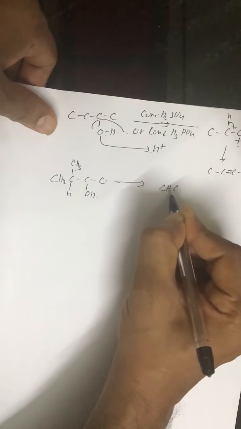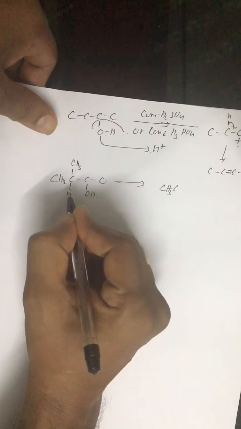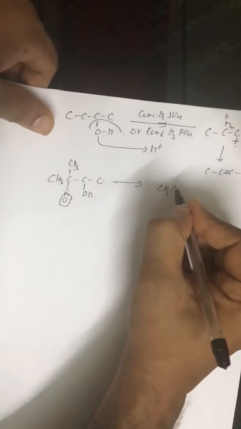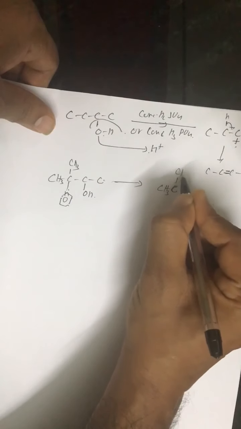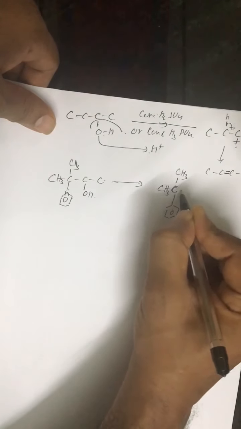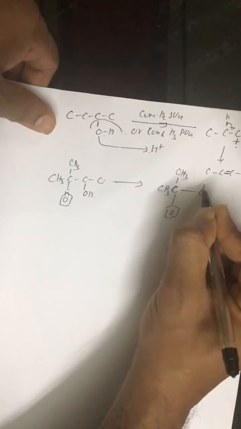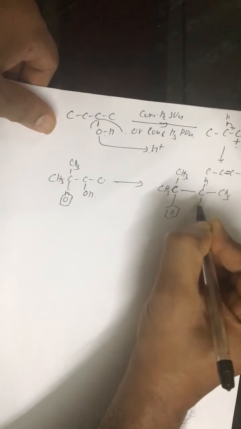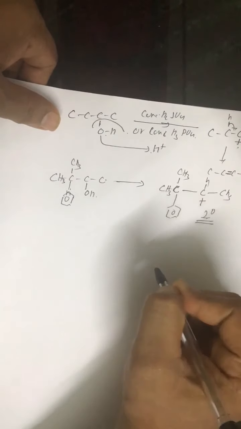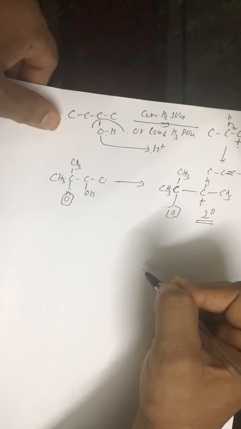Say suppose we have CH3 and this is C6H5 group, phenyl group, and now CH3, C, CH3 and this is C6H5, and this kind of carbocation is formed. Now this carbocation is a 2-degree carbocation.